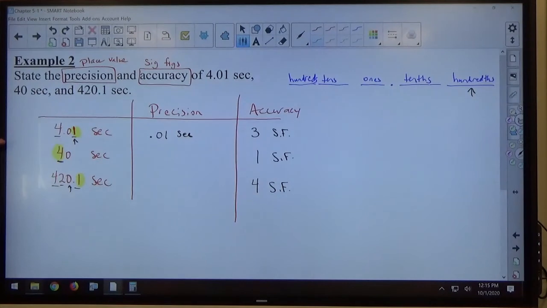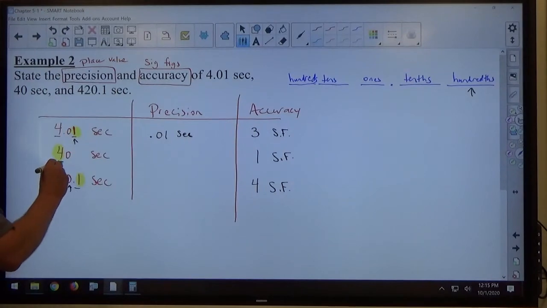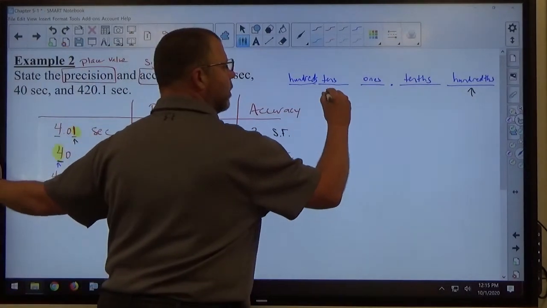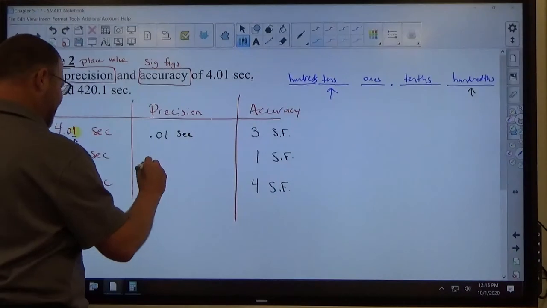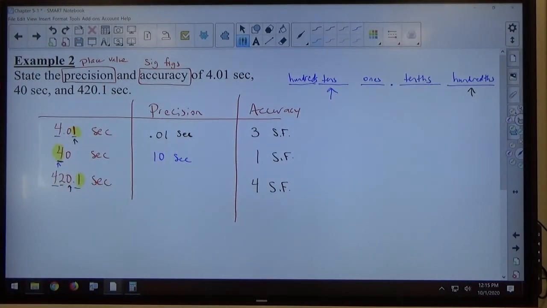No matter what the number of the problem is, you always go with a 1. So this is to the nearest 0.01 seconds. This number here, this 4, is in the tens place. So this is to the nearest 10 seconds. Doesn't matter what this number is, you put the tens place 10, hundreds place 100, tenths place 0.1.